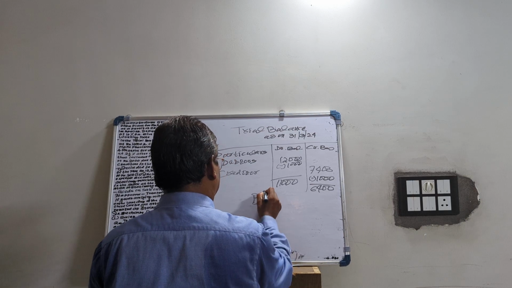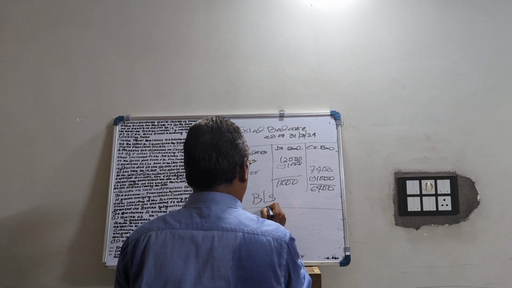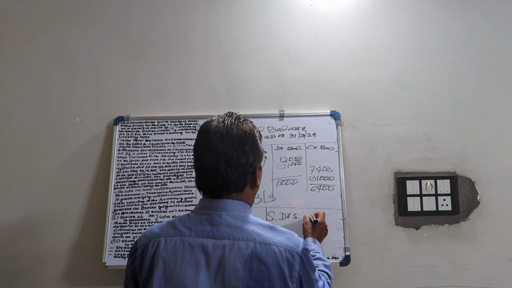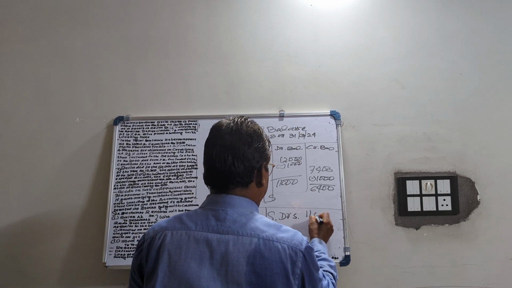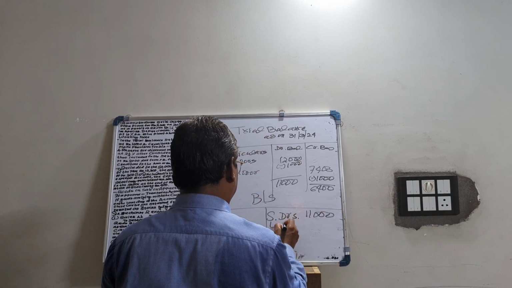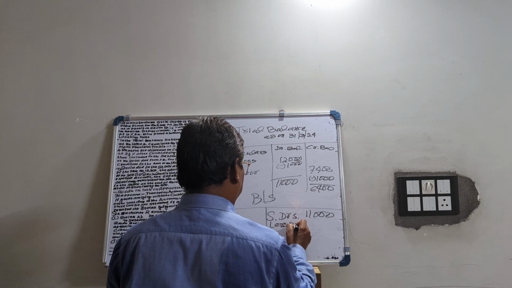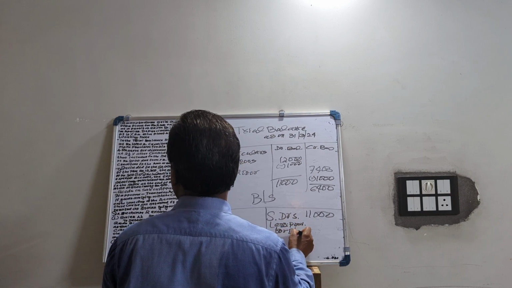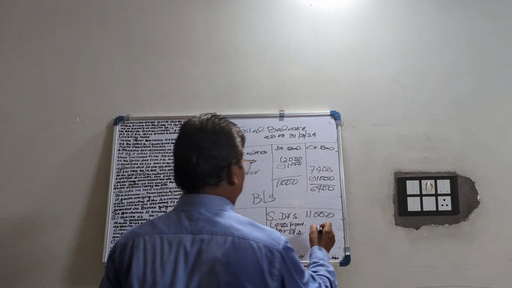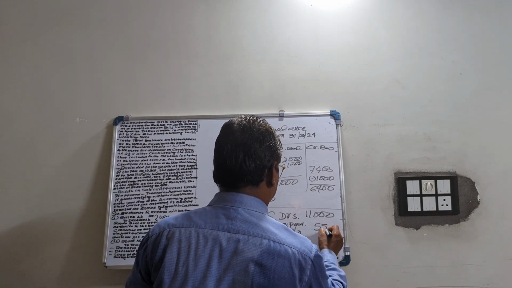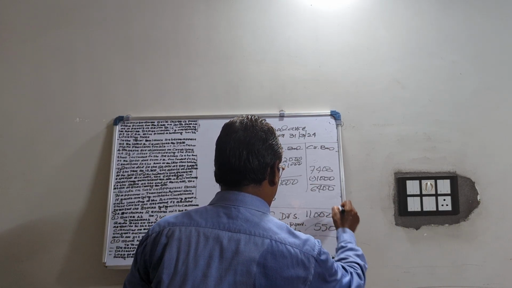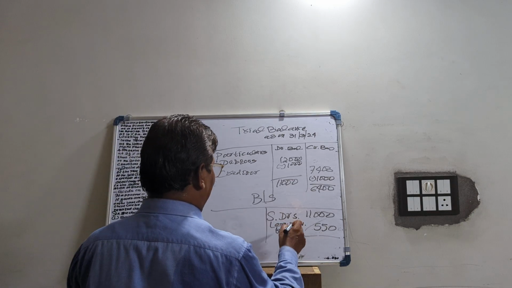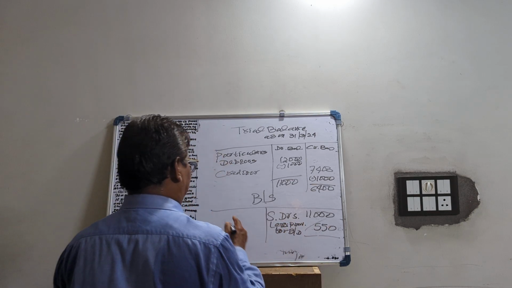So in the balance sheet, we will write sundry debtors. Sundry debtors is now 11,000 less provision for bad debt. The provision for bad debt is 5%, which means 550. This provision will be deducted here, and in the profit and loss account, on the debit side, we write provision for bad and doubtful debts.